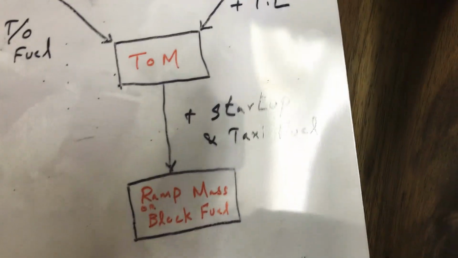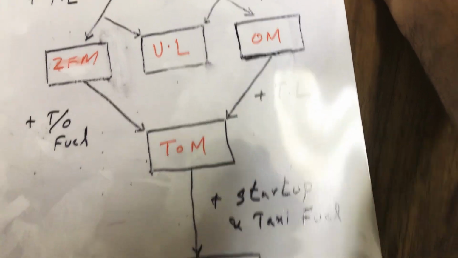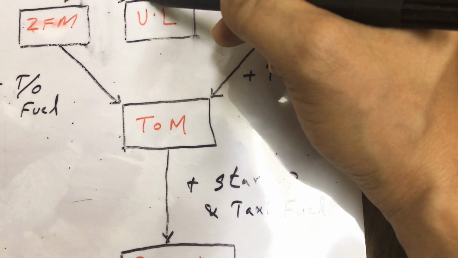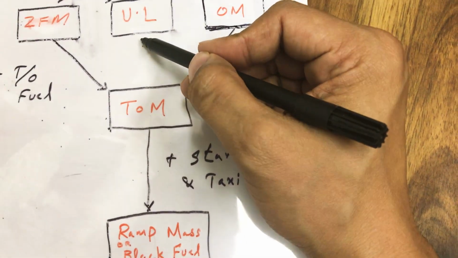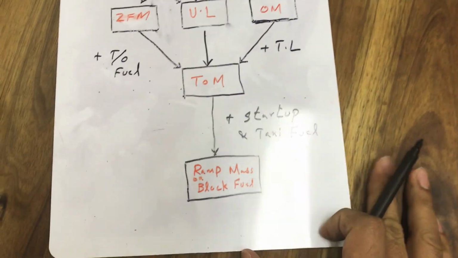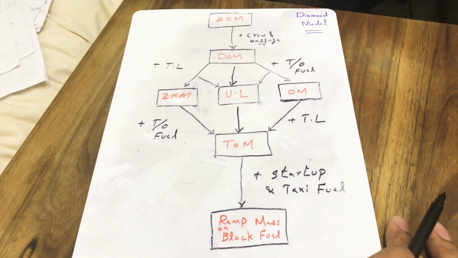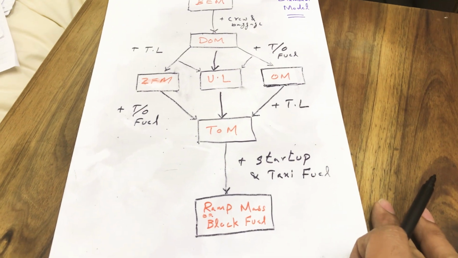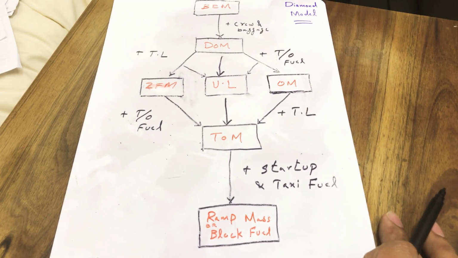With useful load, if we include dry operating mass, this will give us takeoff mass. This is a full-fledged diamond model which helps us to understand the aircraft masses.